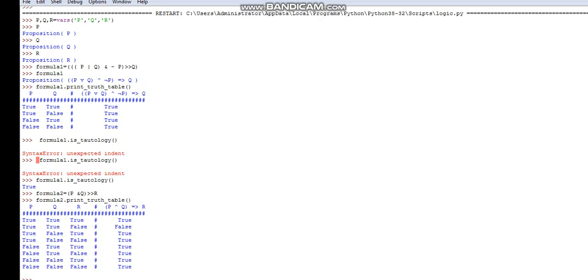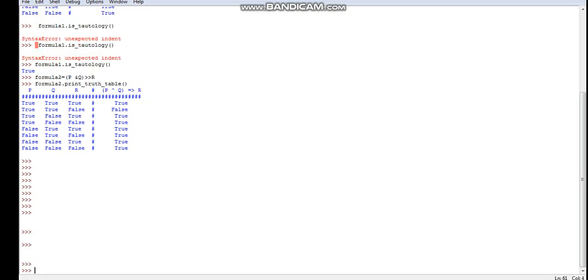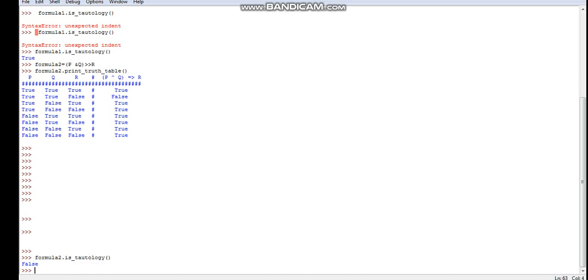Let's check its tautology. We are checking the tautology for formula 2. It is false. As we can see, there is a false in the output, that's why its tautology is false.